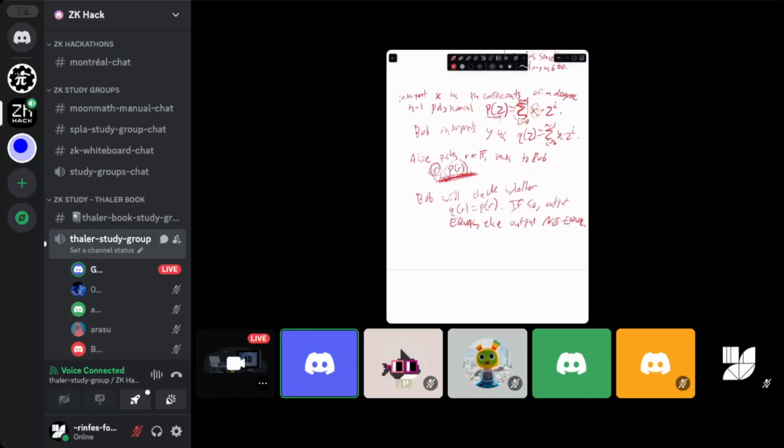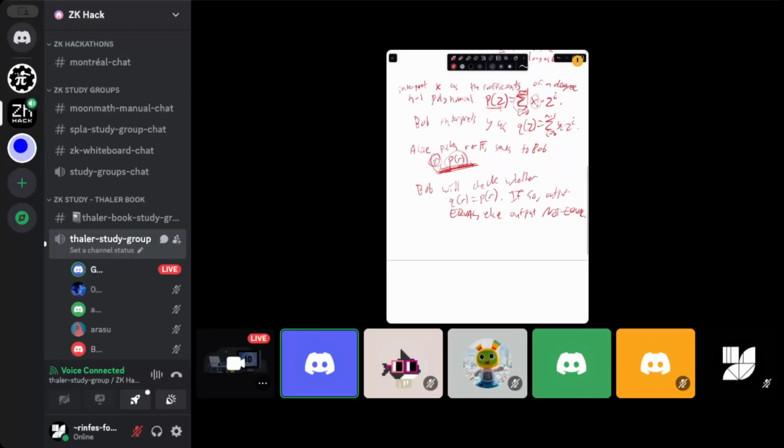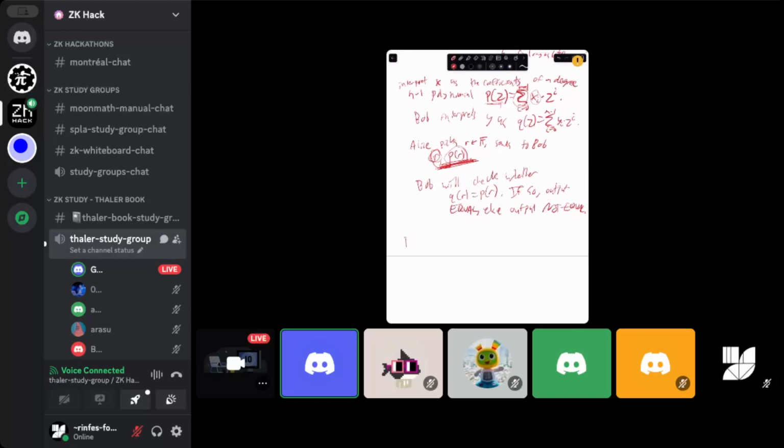So unless they get a really unlucky choice of r, they'll output the correct answer. And in exchange for that tiny probability of making the wrong decision, they reduce the communication from n all the way down to 2. And in terms of the probability they output the wrong answer, well, here it is.